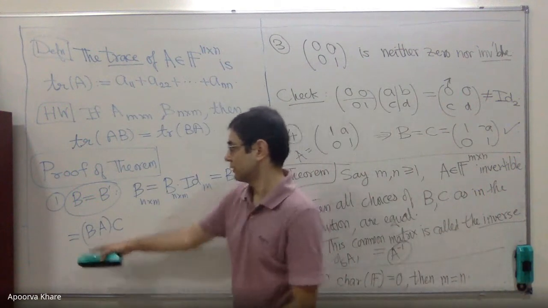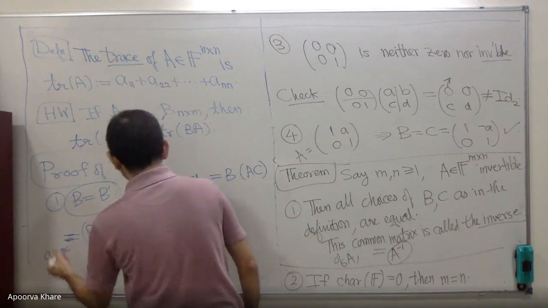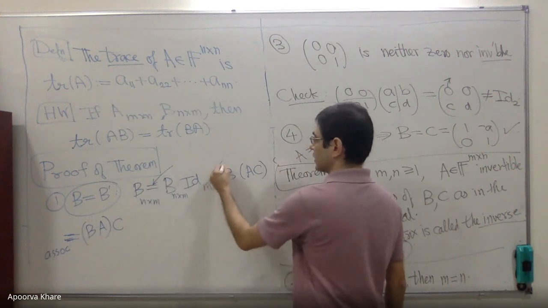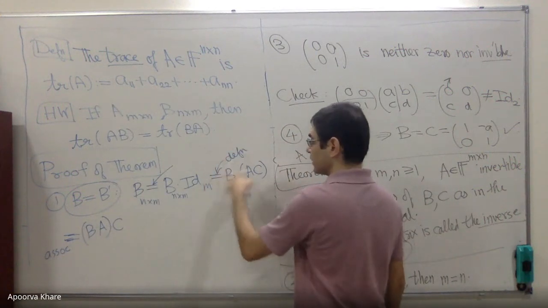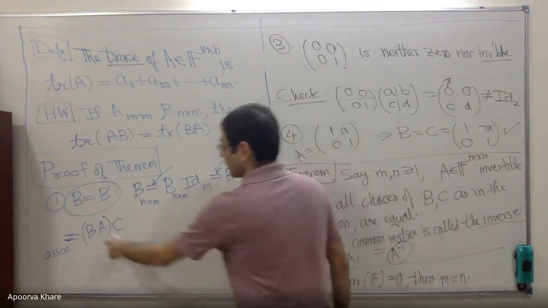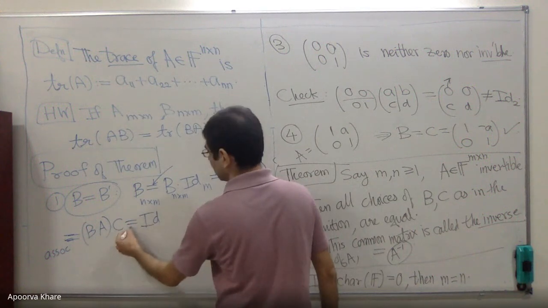This is just associativity, which is another homework problem of yours. This is just the identity axiom, that's obvious, and this is the definition. A matrix A is invertible means there is a C such that A times C is identity. But now you see B times A is identity again, this is again the definition of invertibility, times C.